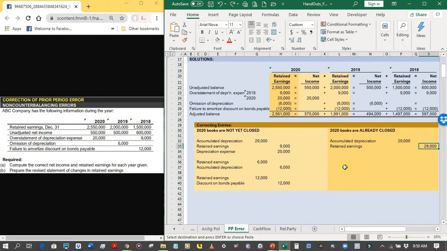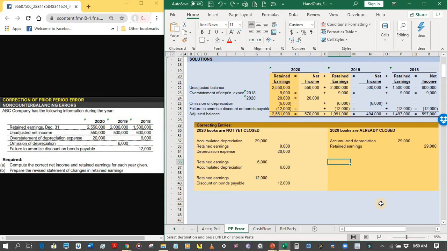So let us proceed to the omission of depreciation expense. So our journal entry, if the books are not yet closed, is a debit to retained earnings and a credit to accumulated depreciation. So since these accounts are both real accounts, it means that this same correcting entry is the same entry to be prepared if the books are already closed.